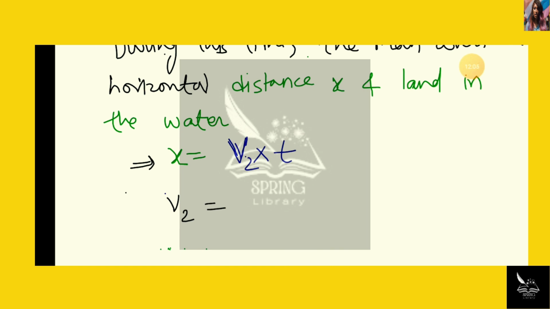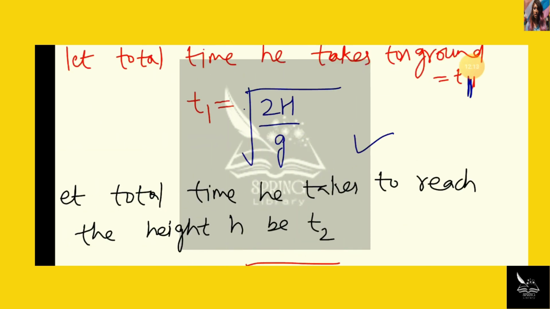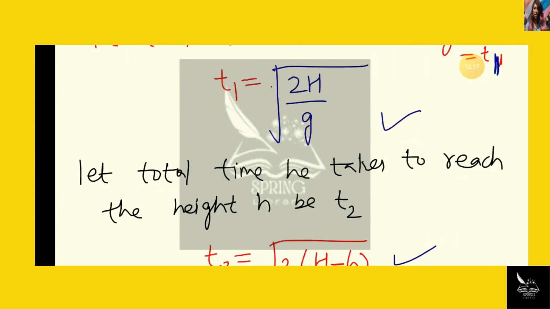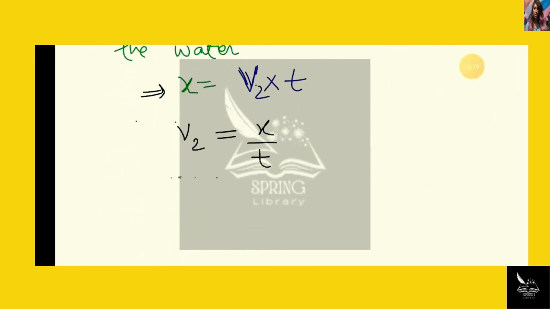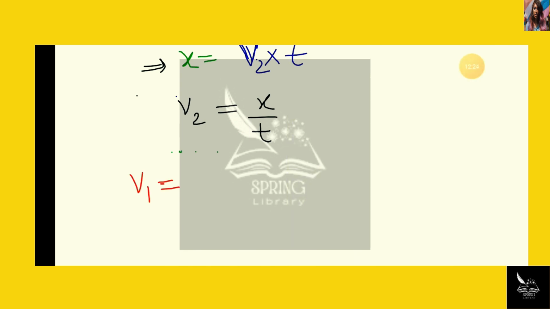Now the next step is to write equation number 1 here. Equation number 1 is this equation, v1 is equal to capital M over small m multiplied by v2. So this is equation number 1.